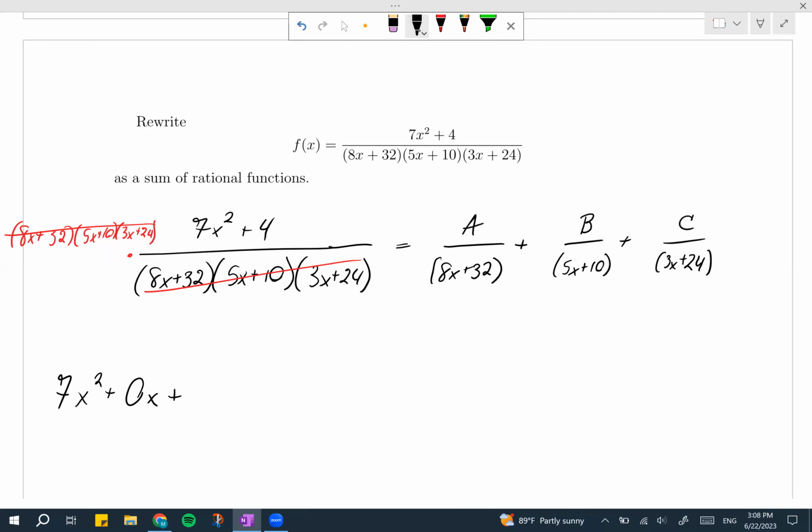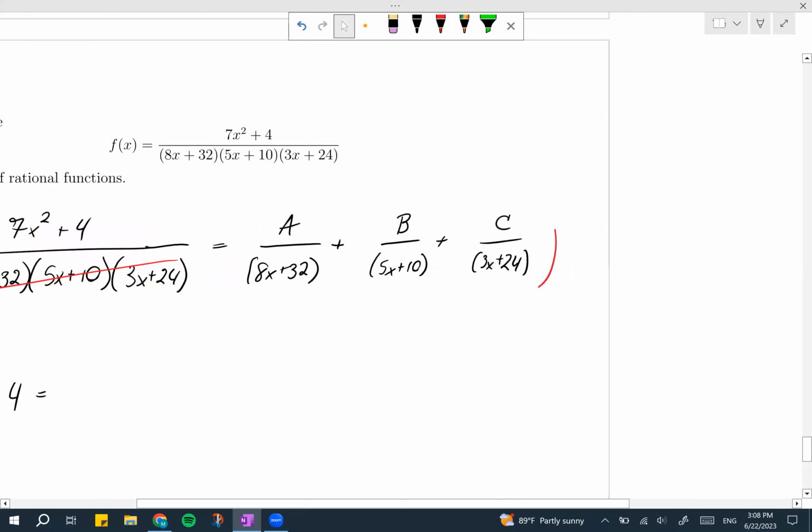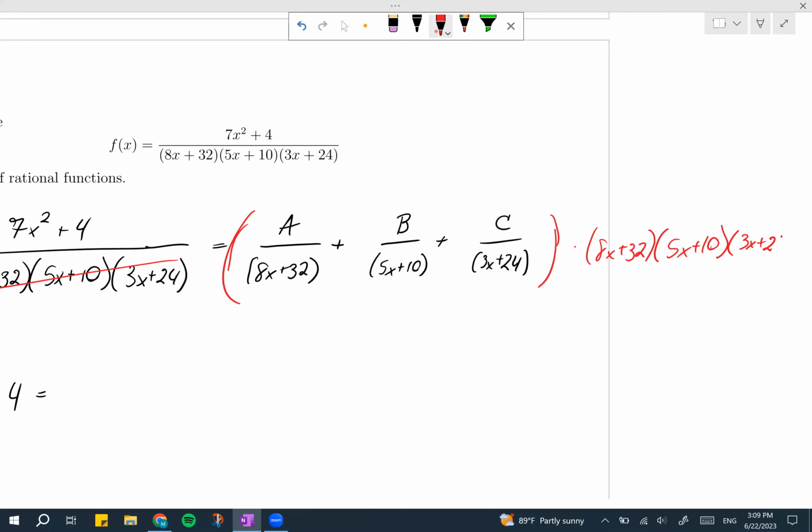I'm writing that there for a reason. Plus 4 is equal to, whenever I multiply this to the other side, I'm going to have 8x plus 32 times 5x plus 10 times 3x plus 24.